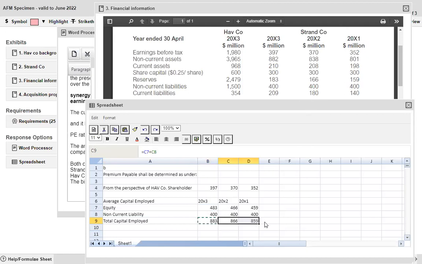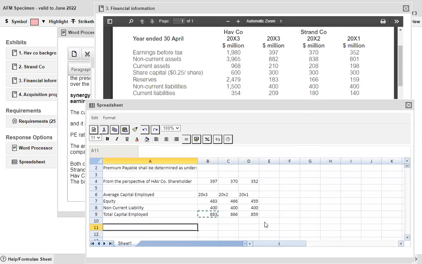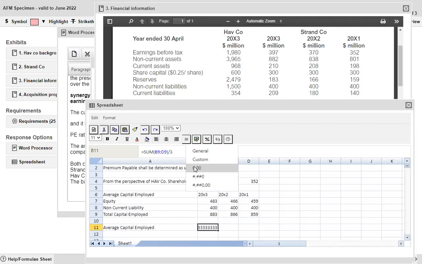This is the total capital that has been employed. So if you have to calculate the average capital employed, it is going to be the sum of all this divided by 3.